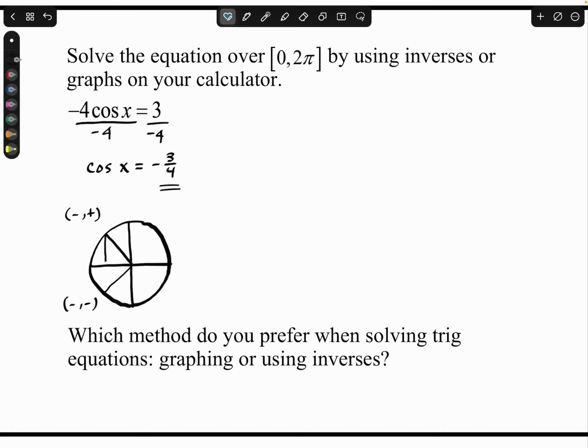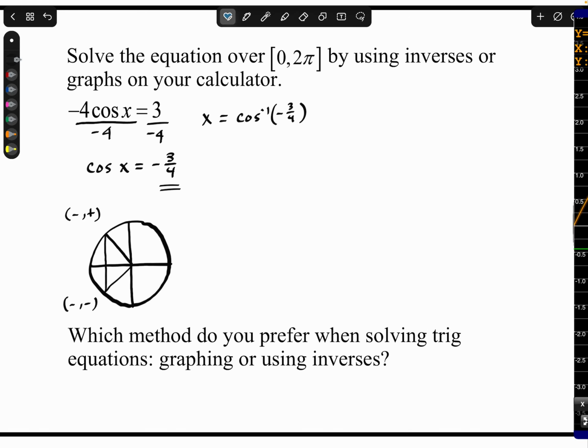Let's draw that in here and figure out what the corresponding angles are over here. And let's do our inverse. So we're going to say our x is going to equal the inverse cosine of -3/4. Let's see what we get there. Let's pull the calculator out.